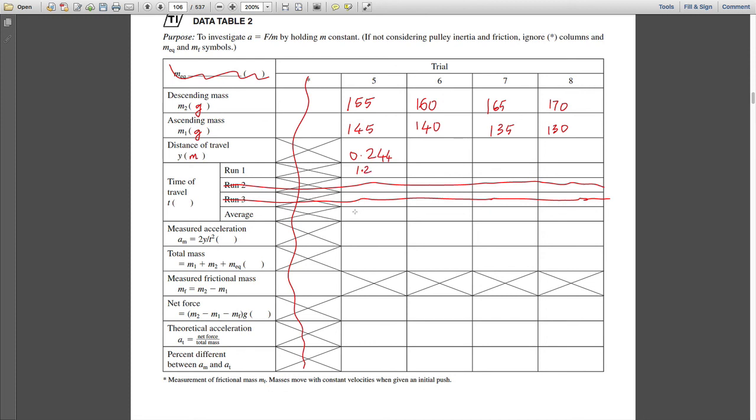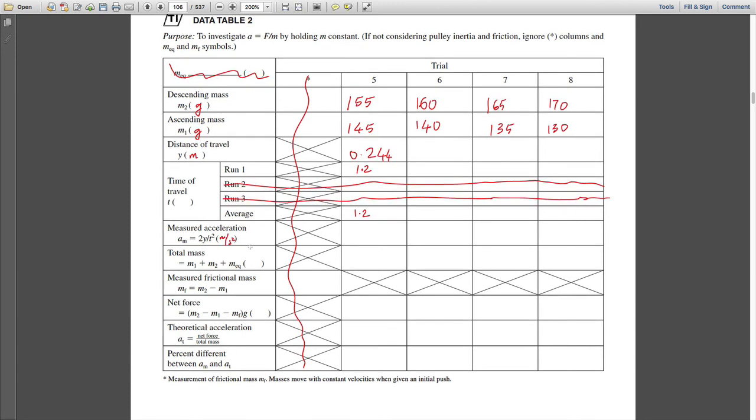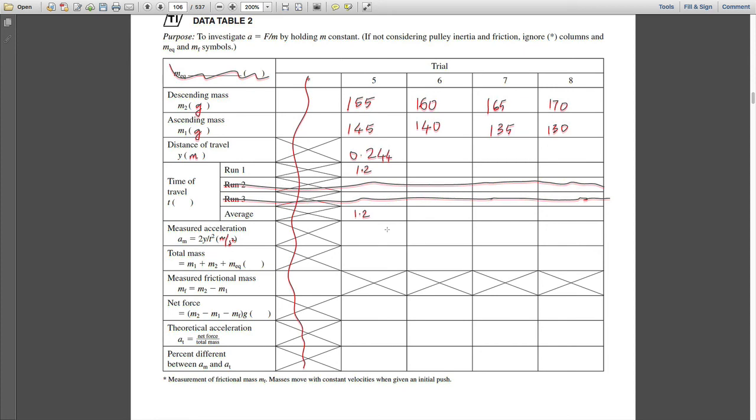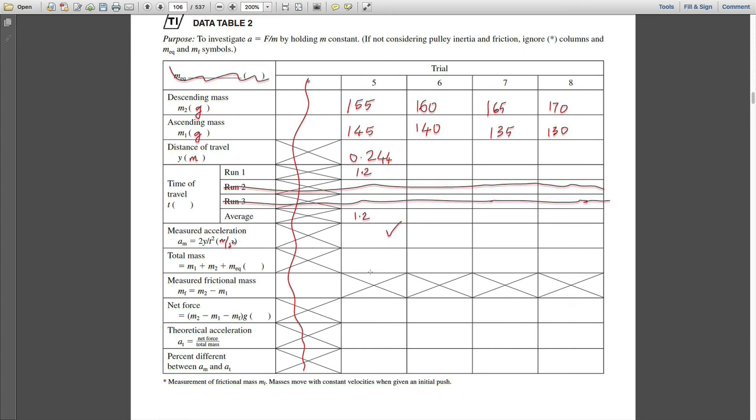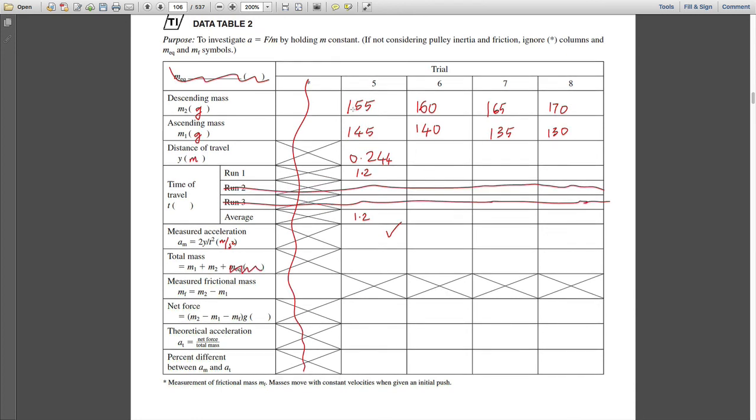Then the average is going to be the same, because the average of a single value is itself. Then you apply this, and of course you get your values in meters per second squared. Then get your measured acceleration. The total mass here, you don't have M equivalent. M equivalent is 0, or ignore it.